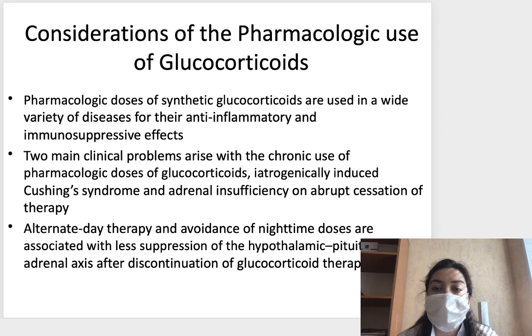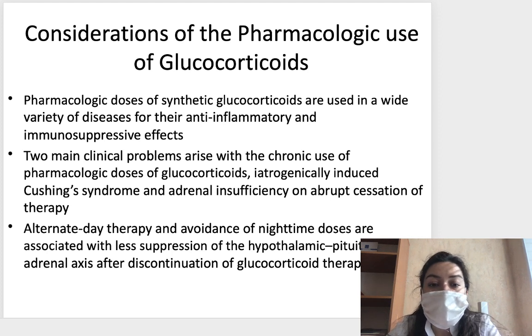Considerations in pharmacologic use of glucocorticosteroids. Pharmacologic doses of synthetic glucocorticosteroids are used in a wide variety of diseases for their anti-inflammatory and immunosuppressive effects.